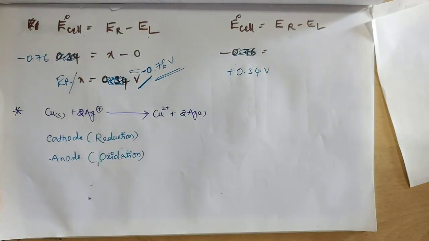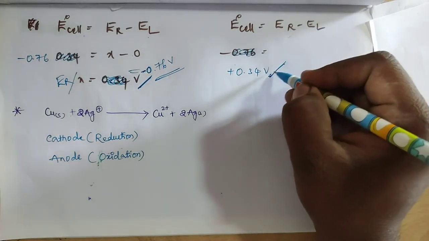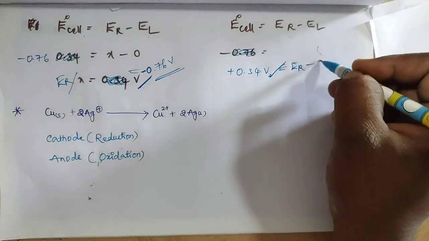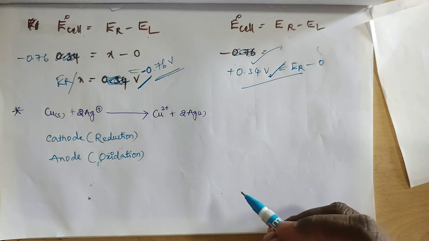Because zinc is involved in oxidation reactions. So that is the reason we get negative reduction potential values. Okay, and the cathode undergoes reduction, so it gets positive reduction values. So 0.34 equals E right minus E left, where E left is 0. So E right equals 0.34 volts.